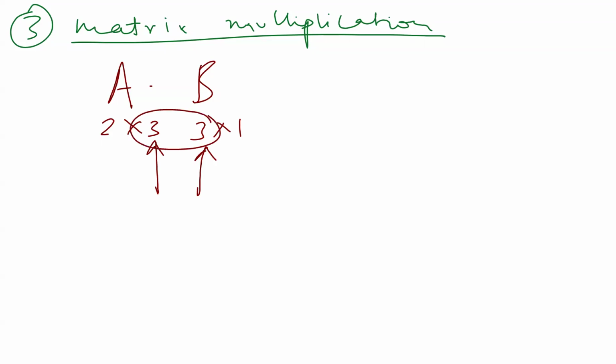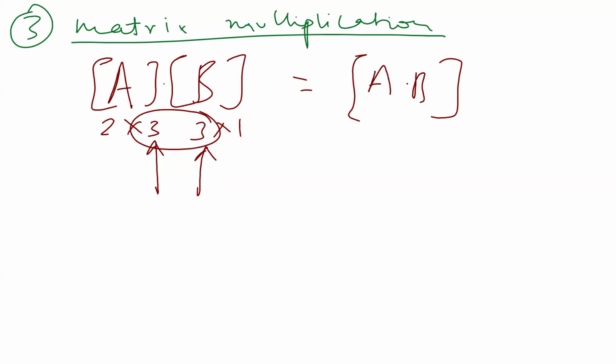In this case, it is same, so we can multiply. How to multiply these two matrices I will teach you. Once you get the answer, the resultant matrix will have the order 2 cross 1.